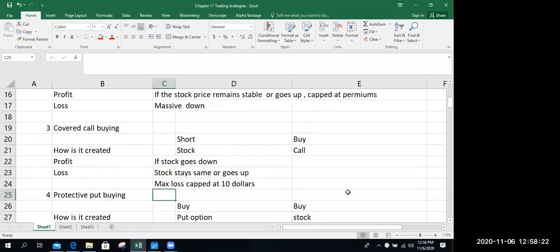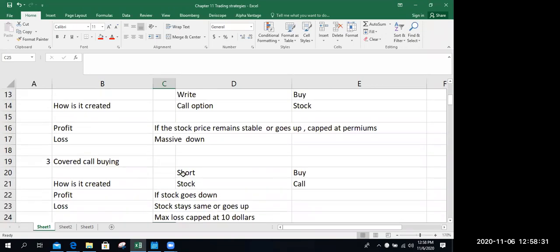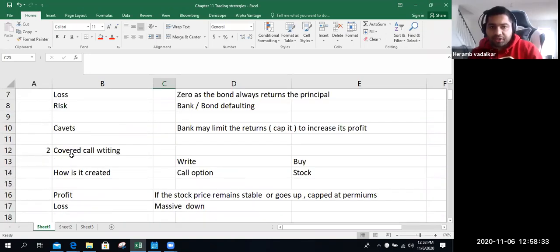Okay. Just a quick question. What is the advantage of using a covered call strategy over just a call? So what is the benefit of writing a covered call? It is like renting out your stock. If you have some stock, write call options on it if you don't think the stock is going to rise.